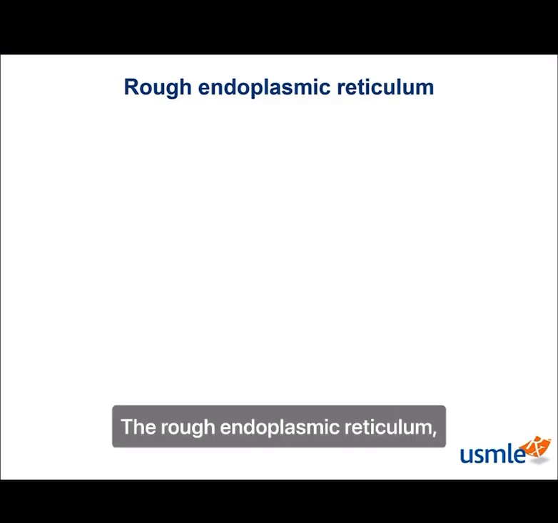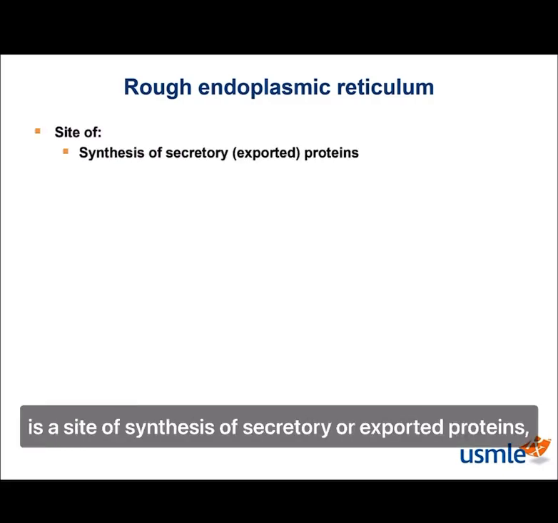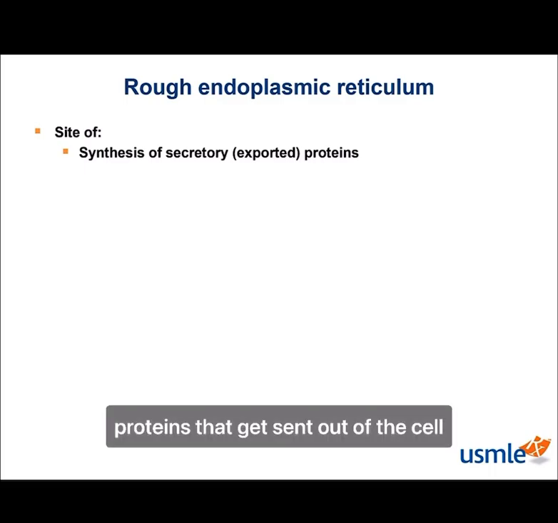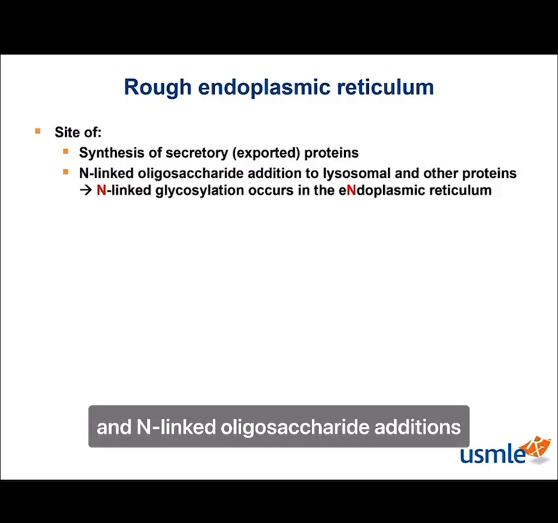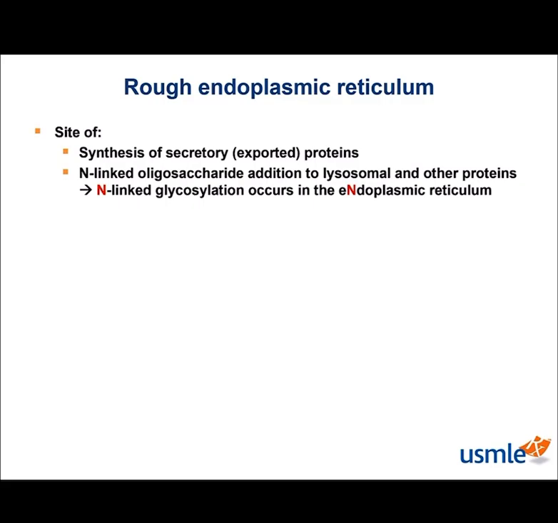The rough endoplasmic reticulum, sometimes abbreviated as RER, is a site of synthesis of secretory or exported proteins, proteins that get sent out of the cell, and N-linked oligosaccharide additions to lysosomal and other proteins.